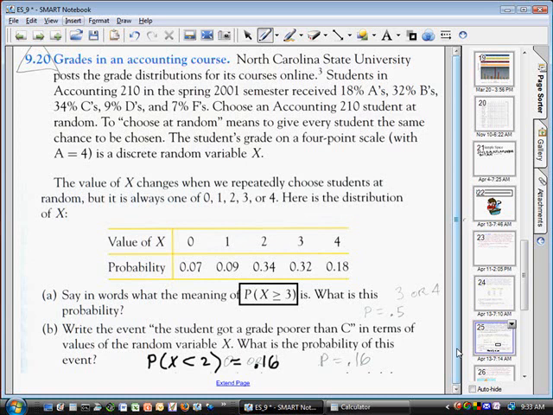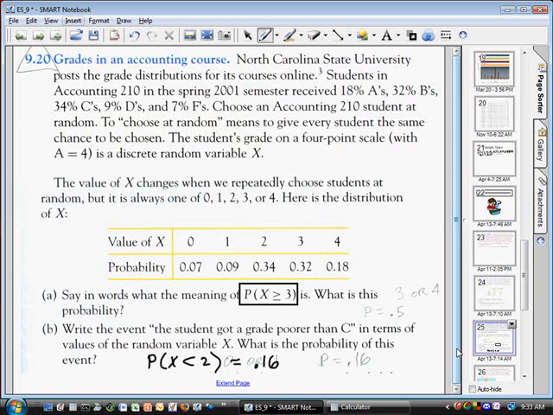Well, first of all, does that match? Get this language down. What you see down here, does that match up with the paragraph up here? They call this the distribution of x. It's the probabilities laid out. Once again, the sum of these 5 possible outcomes, there are only 5 possible grades you can get, 0 through 4 on a 4-point scale.